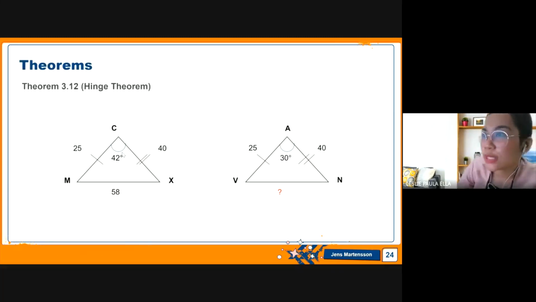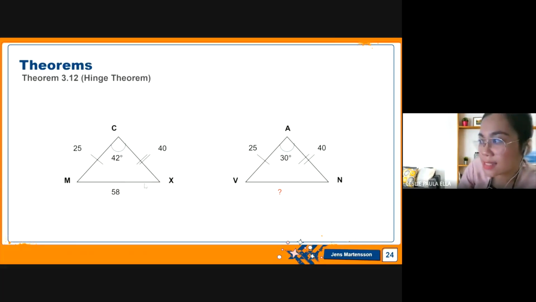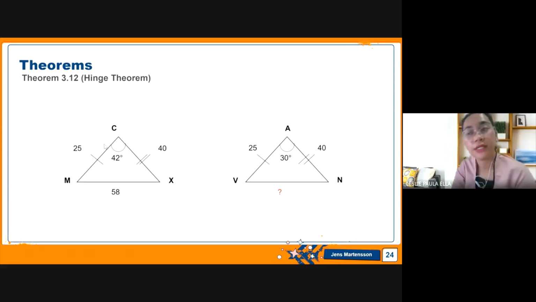If we have here the triangles CMX and AVN, wherein triangle CMX has 42 degrees and sides 25, 40, and 58. How about triangle AVN? It also has sides of 25 and 40, but the included angle is 30 degrees.